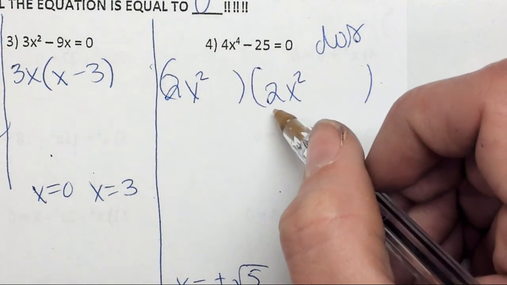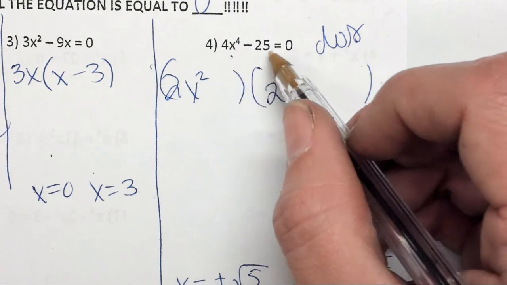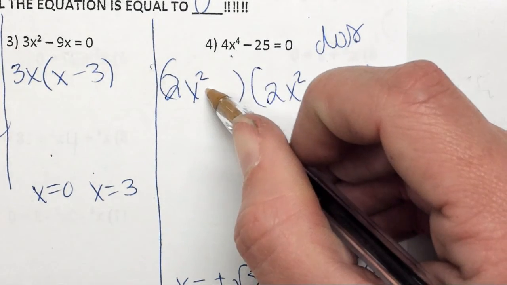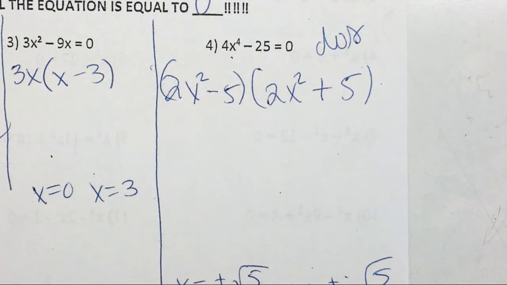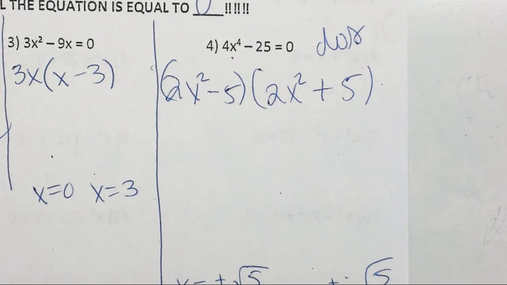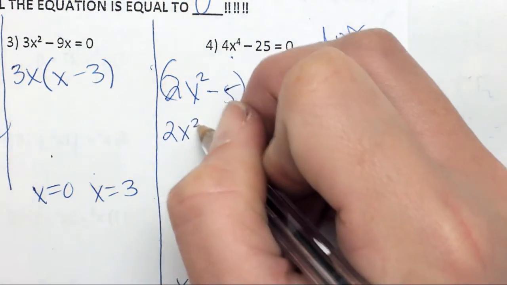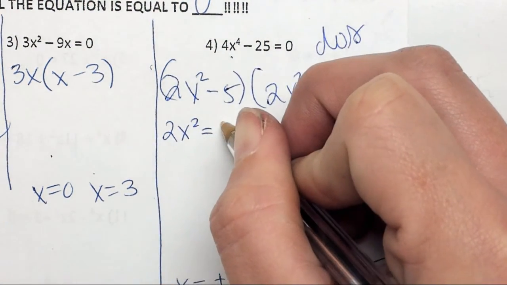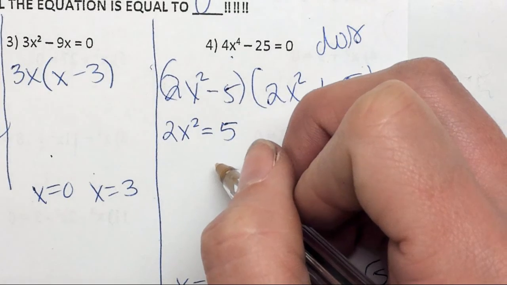Because 2x squared times the sum of the squares. Very good. And then what goes here? Minus 5. And plus 5. Good. Any questions about that part? Okay. So when I set this one equal to 0 and move the 5 over, it'll be what over here? 5. Then we have to divide everything by what?